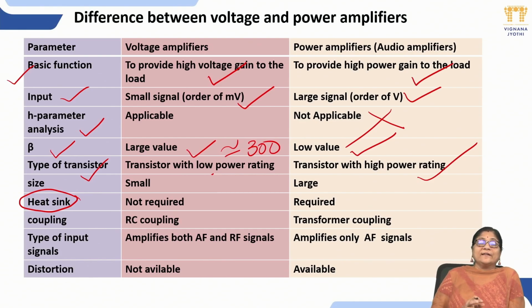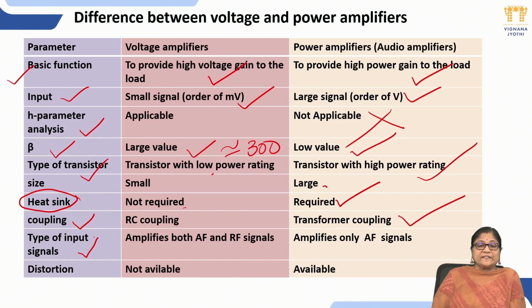A heat sink is a special type of device which is required for power amplifiers. It's not required for voltage amplifiers. Then the coupling. Normally voltage amplifiers use couplings like RC coupling and so on, direct coupling. But for power amplifiers, we prefer normally transformer coupling, which cannot be preferred for voltage amplifiers.